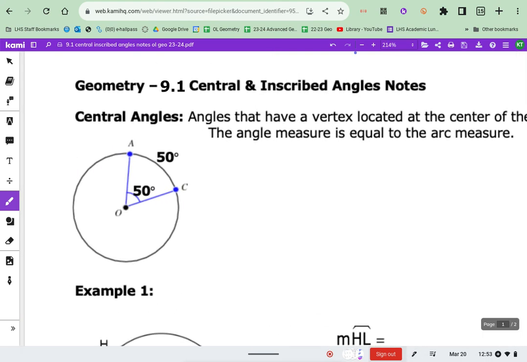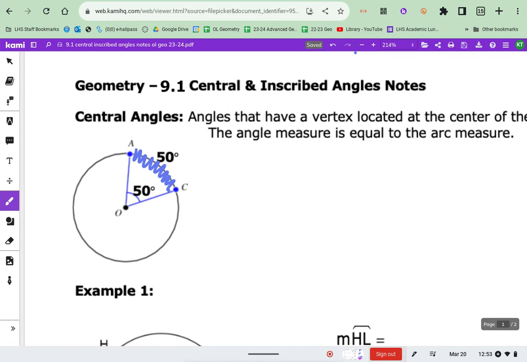So central angles, remember, are angles that have their vertex at the very center of the circle. And remember that we also talked about where the intercepted arc is. The piece of the arc that's in between the angle arms is what we call the intercepted arc.